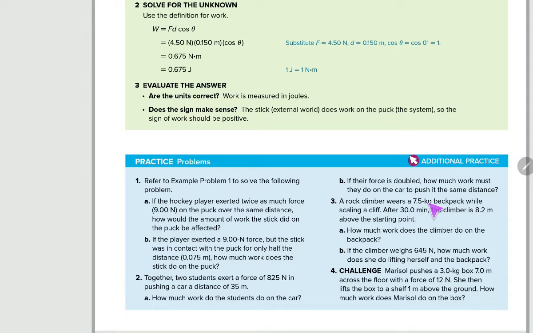In the beginning, we should write the knowns from the question. We have the mass, which is equal to 7.5 kilogram. Also here we have the time, t, equal to 30 minutes.